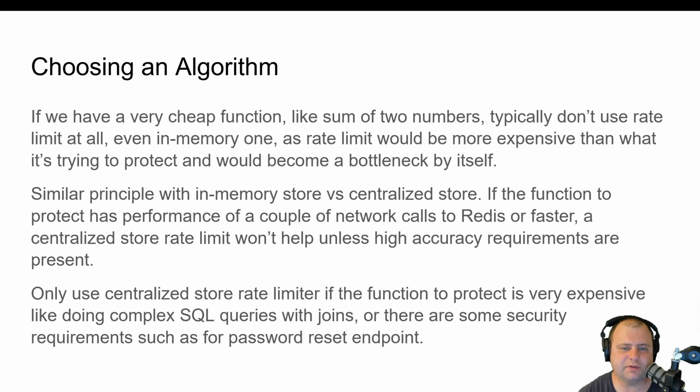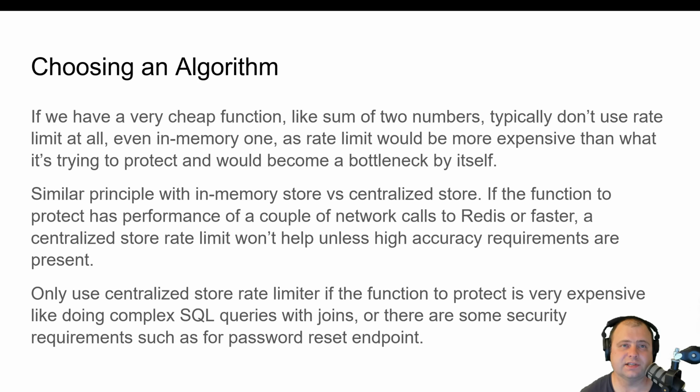If you have a very cheap function like the sum of two numbers, typically don't use rate limit at all, even in memory one, because then rate limit would be just more expensive than what you're trying to protect, and would become a bottleneck, right? Then you can consider using it if there are some security considerations.